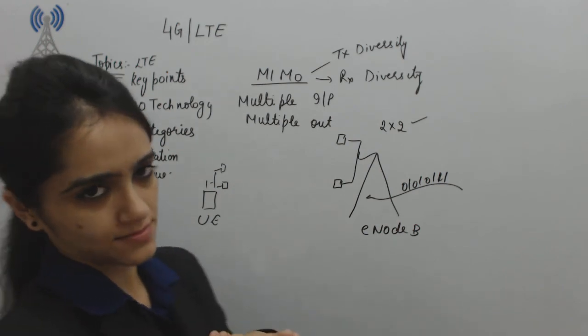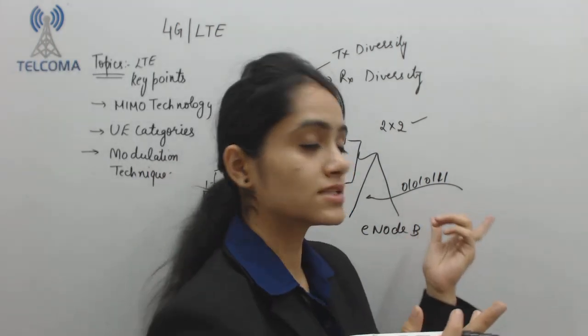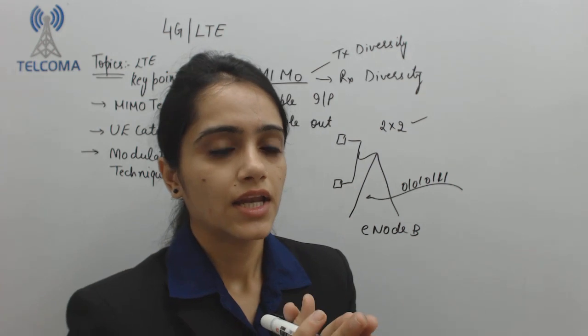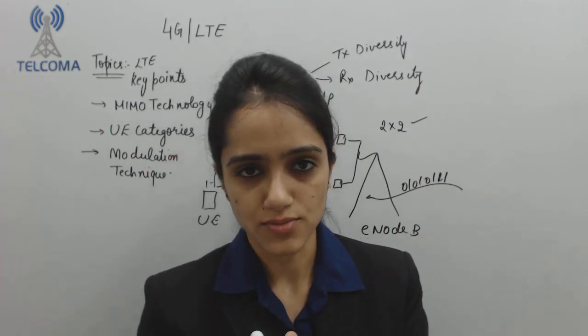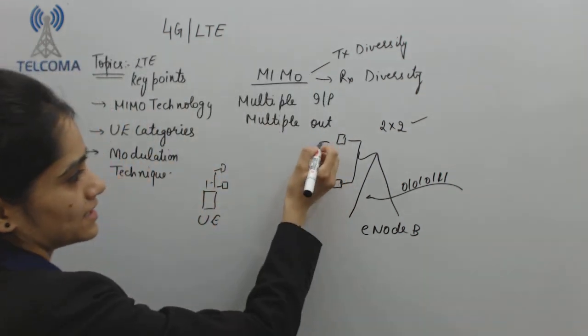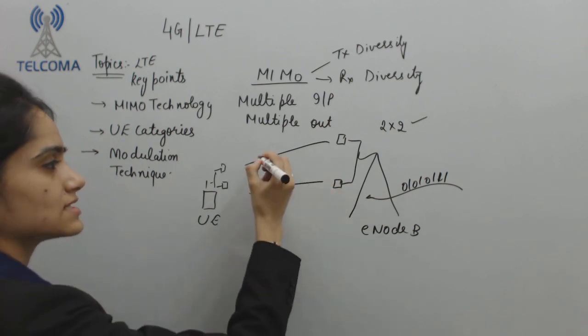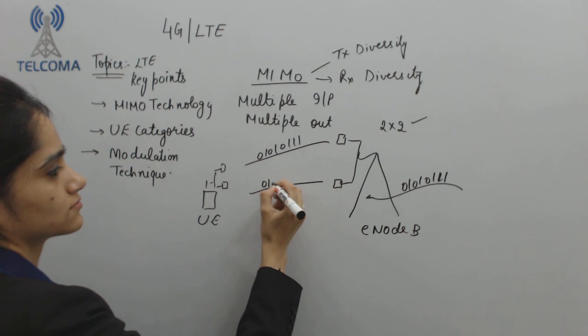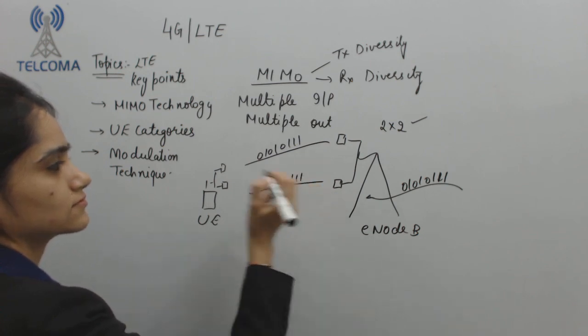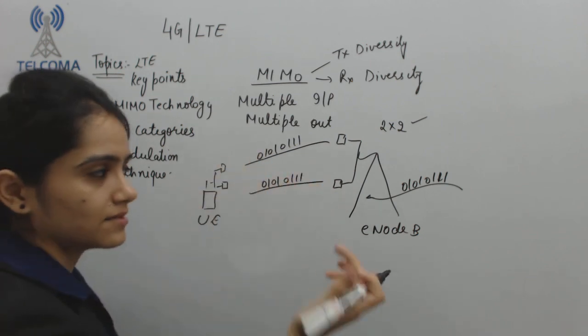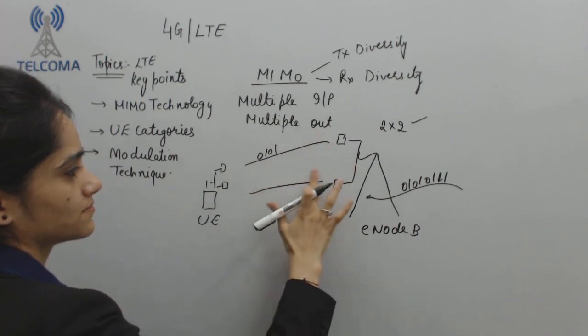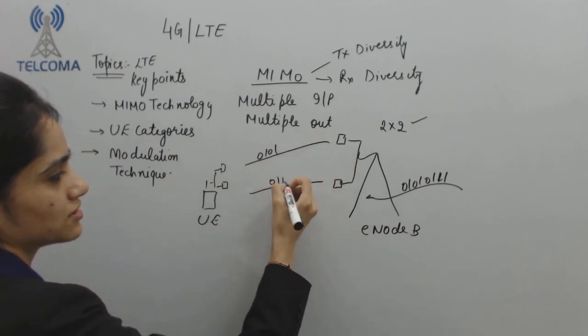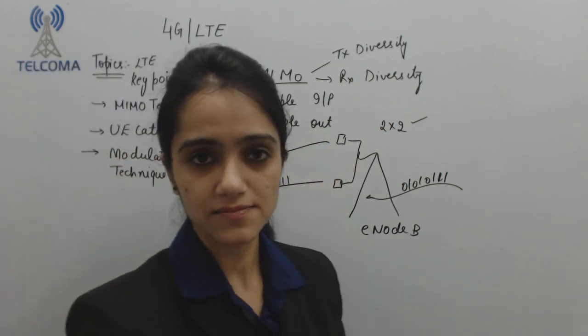Now I have 2 transmitters. I need to transmit the same information. Now I have 2 methods to transmit. Either I can use the same information from both, or in the second method I can transmit different information from both channels.